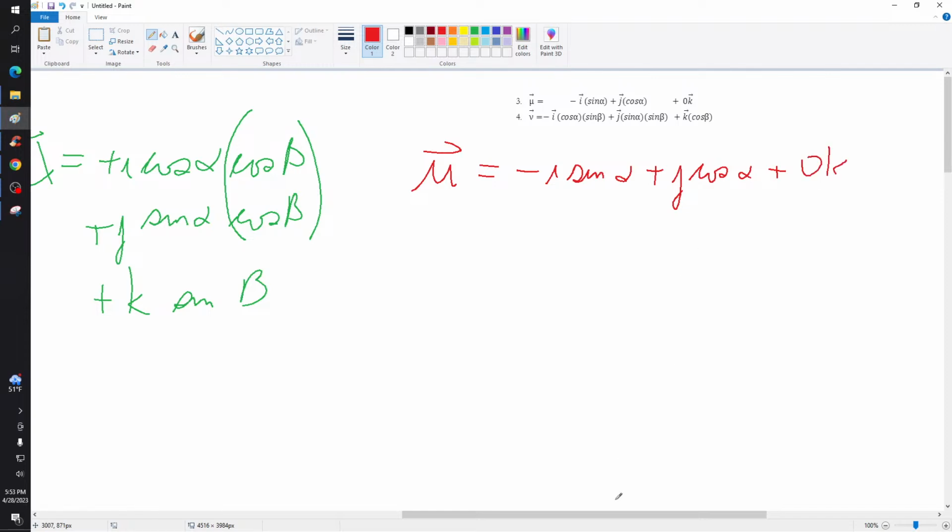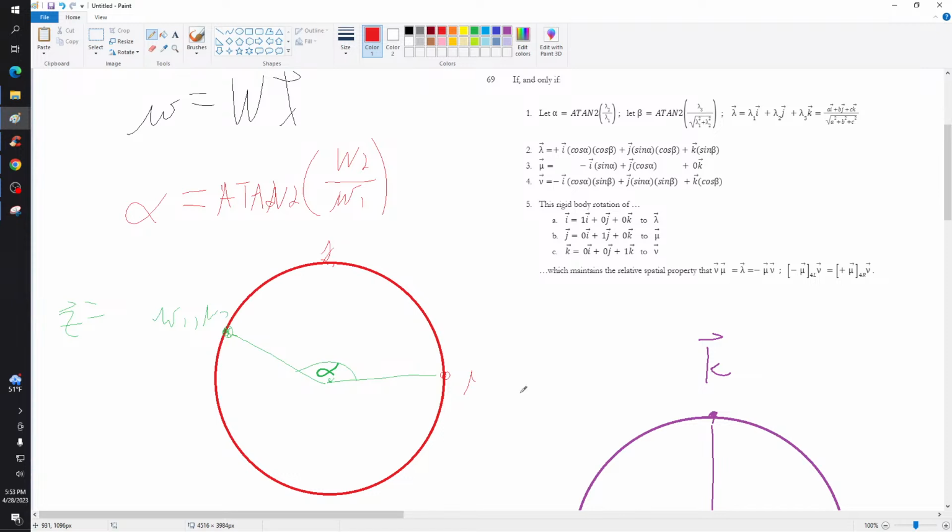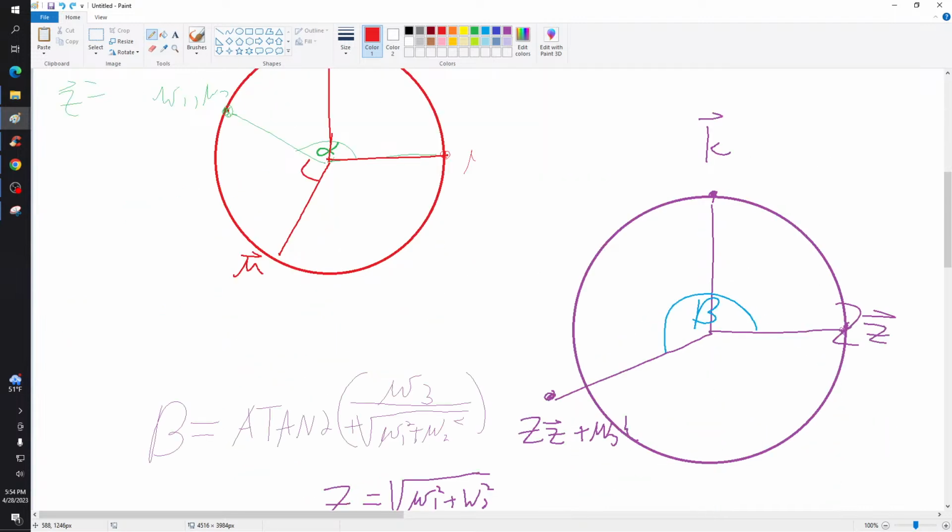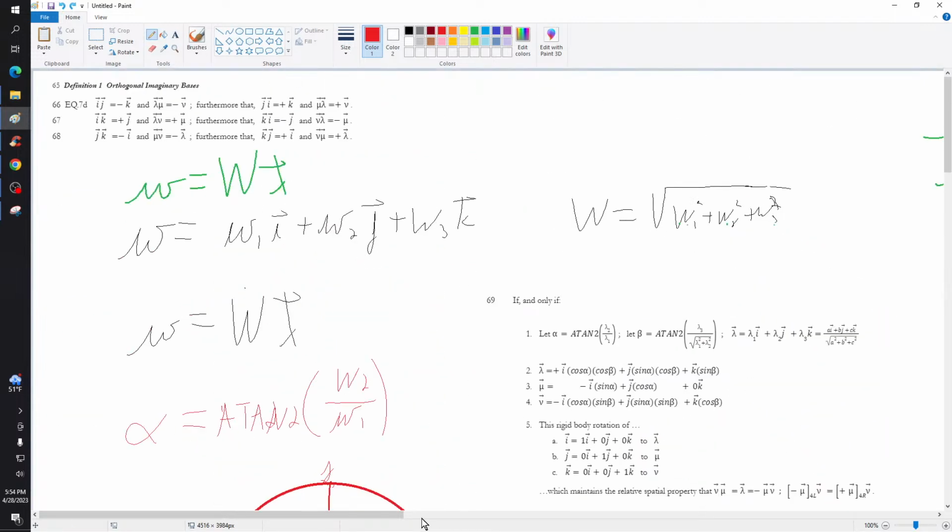We're only using alpha because we're taking the ij circle and rotating i by this angular argument to here. And that means j is going to rotate to a 90-degree angle here. So this is mu. We're rotating them by the same argument, but we don't have to interact with the third dimension of k for mu.